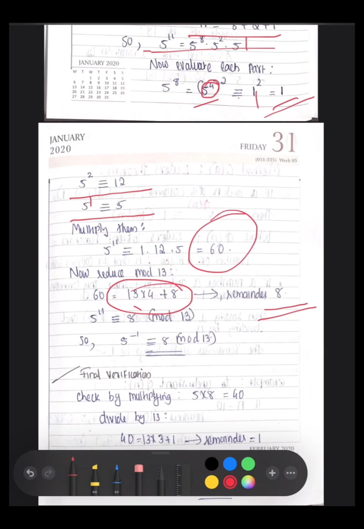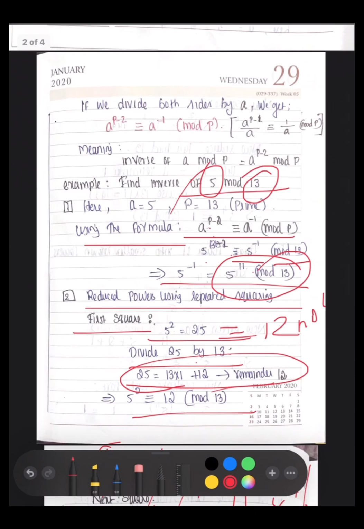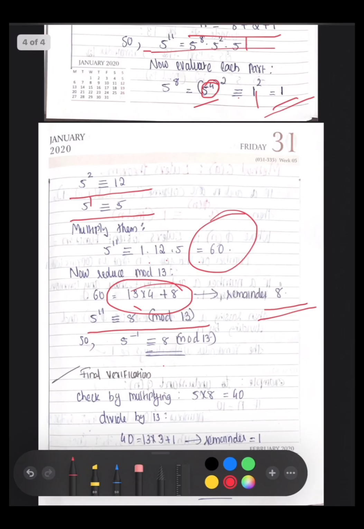In this case, 5 raised to 11 is congruent to 8 mod 13. So the inverse, 5 raised to minus 1, is congruent to 8 mod 13. In our equation, 5 raised to 11 mod 13 has the value 8, so our equation becomes 5 raised to minus 1 congruent to 8 mod 13.